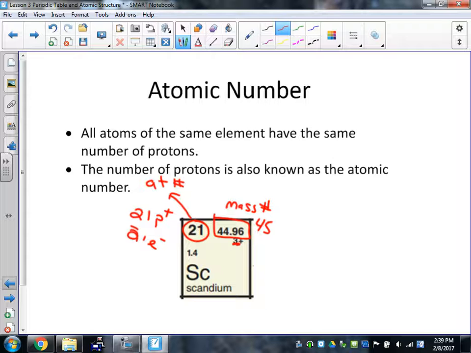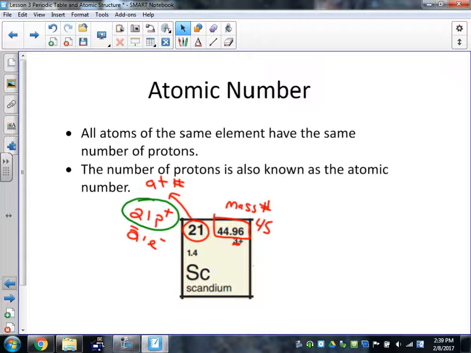Remember, where does all the weight of the atom come from? The nucleus. The nucleus includes protons and neutrons. I have 21 protons, but yet I have a weight of 45.